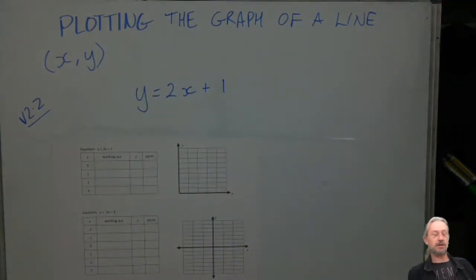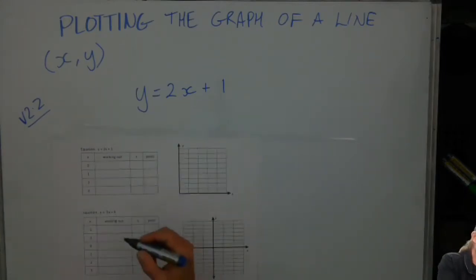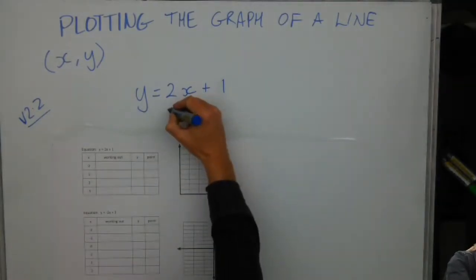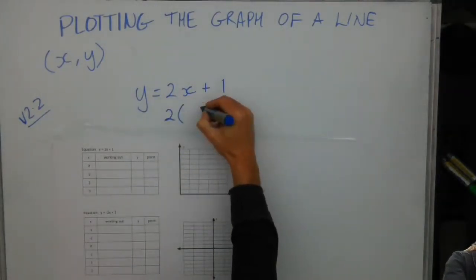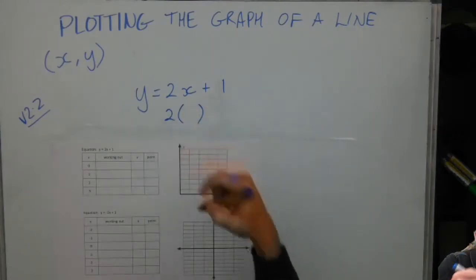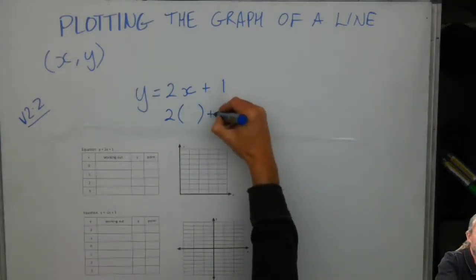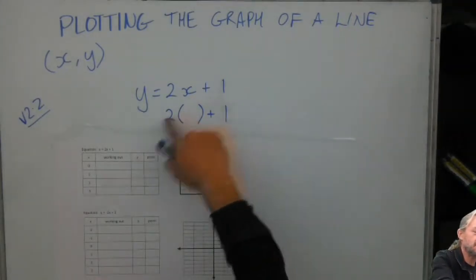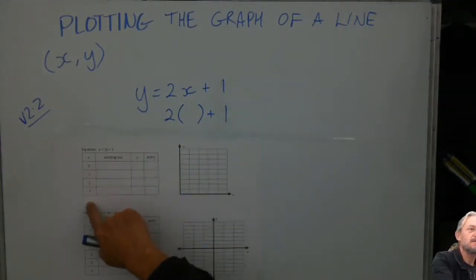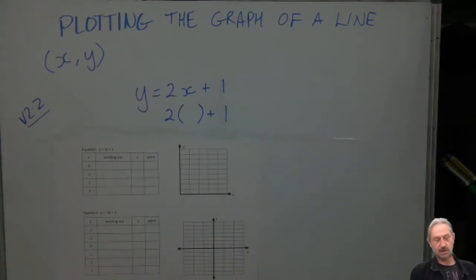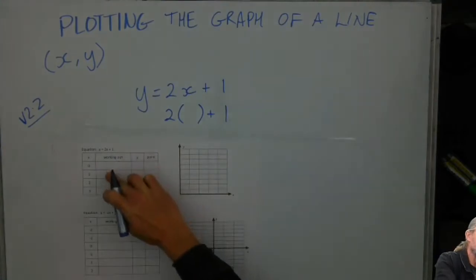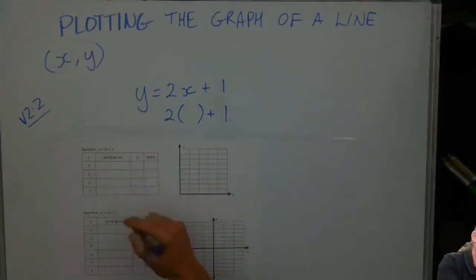So the way I normally would fill out this table, in the working out part, I would write this equation with a set of brackets where I'm going to substitute in the x value. I would write it like that, because here is where we're going to substitute in these values for x. So I'm going to write this out in each of these spaces.